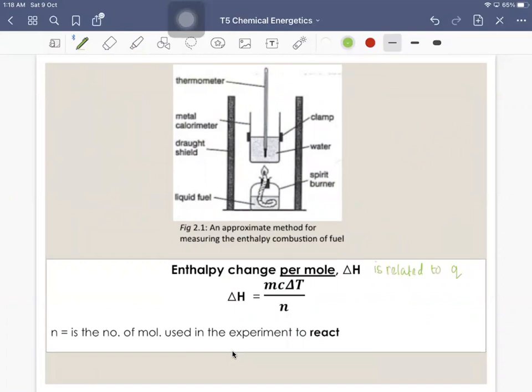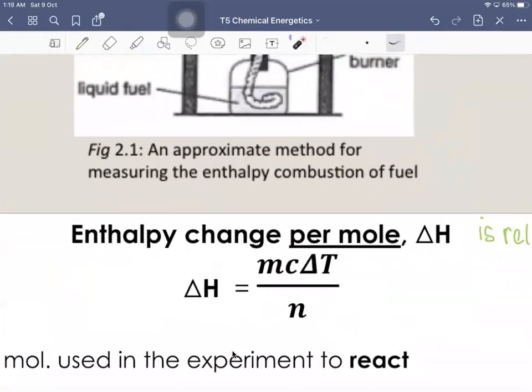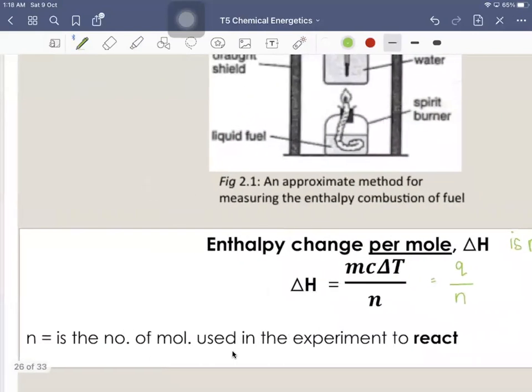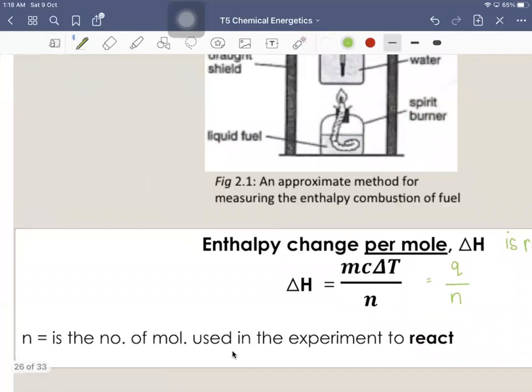Delta H is equal to mc delta T. Now, does this look familiar? mc delta T is your Q. So that means delta H is equal to Q over n. So once you know your Q, you just divide it by n, where n is the number of moles used in the experiment to react.